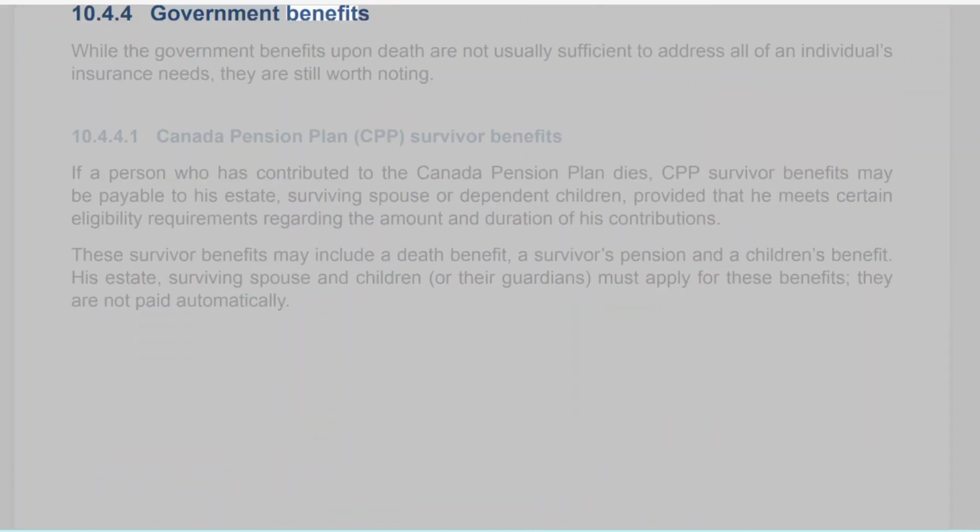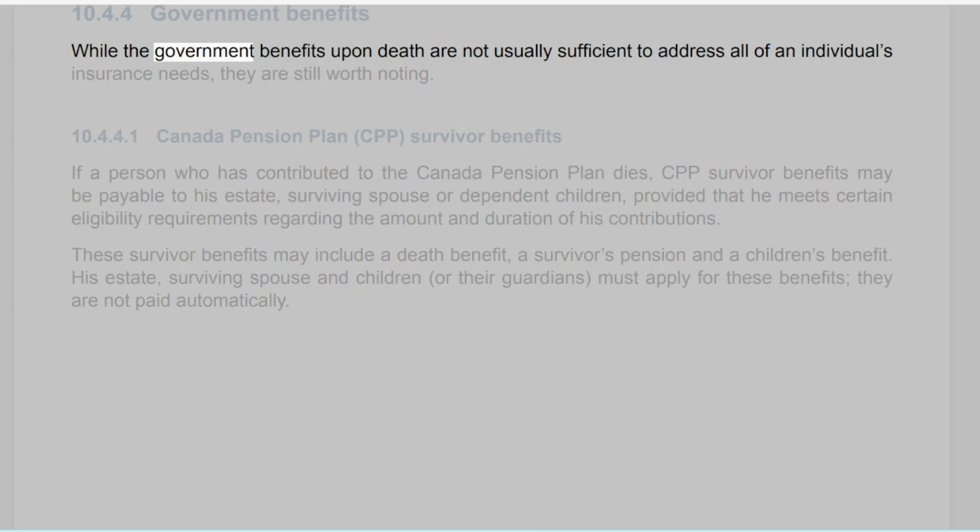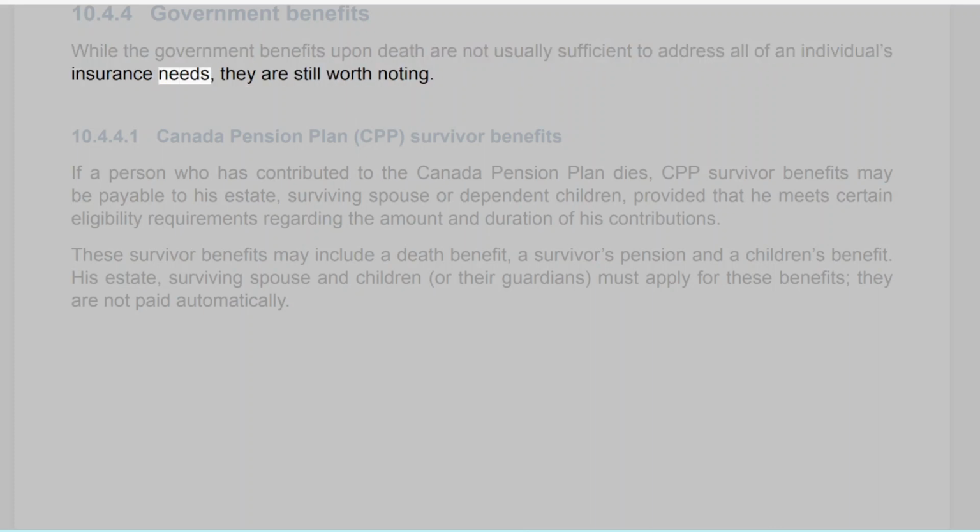10.4.4 Government benefits. While the government benefits upon death are not usually sufficient to address all of an individual's insurance needs, they are still worth noting. 10.4.4.1 Canada Pension Plan, CPP, Survivor Benefits.